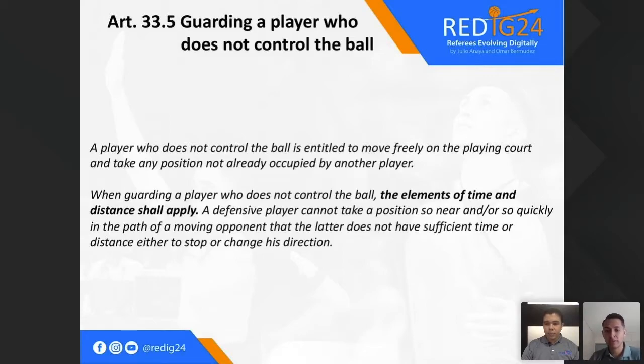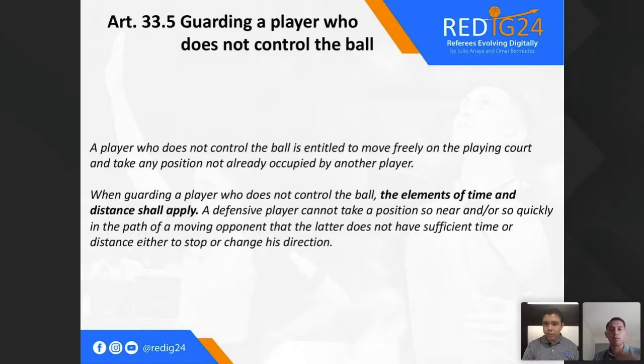So in this case, if that place is already taken by another player, and I'm not seeing him, then I'm responsible for going to that spot that is already occupied by a player. So yes, without the ball.